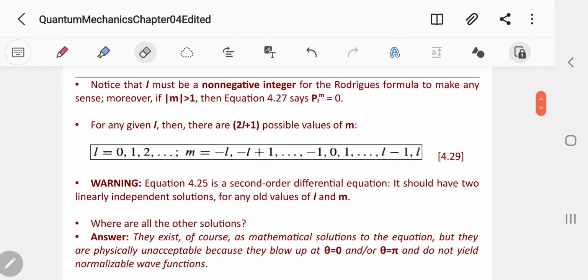We notice that L must be a non-negative integer for the Rodrigues formula, and if m is greater than L, then let me check this one here.